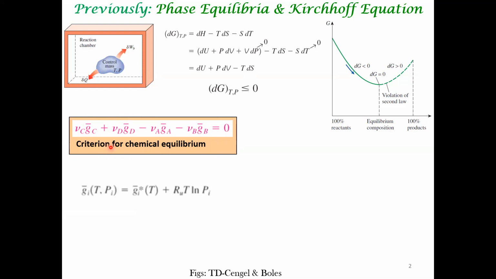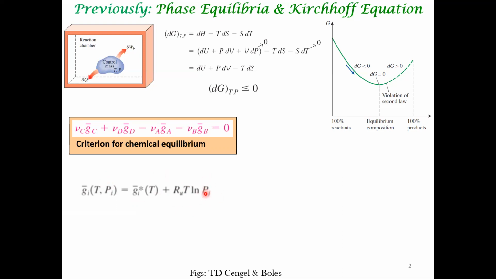And then to utilize this in principle, you should also know what is the general expression for chemical potential. So typically you derive such an expression assuming that the system is an ideal gas. So in this case, we are looking at an ideal gas reaction, a chemically reacting mixture. And this is a general expression for the chemical potential of an ideal gas.